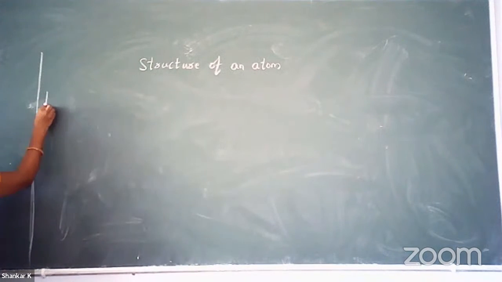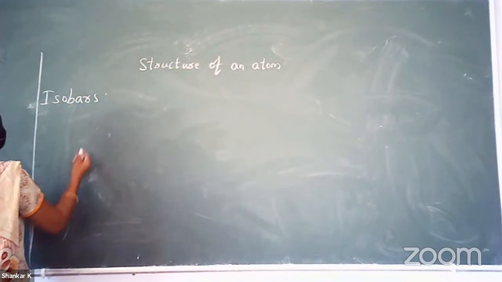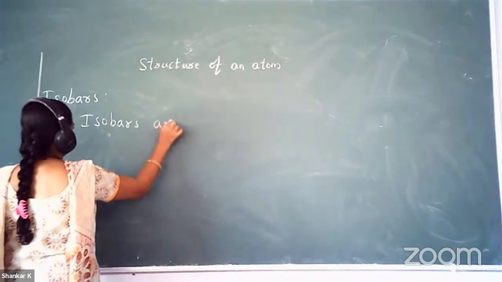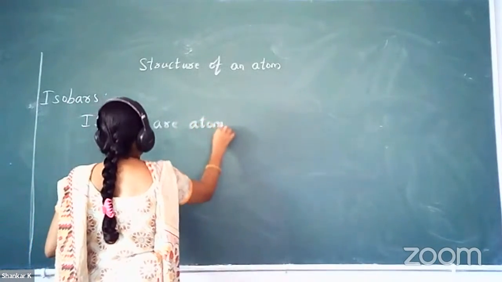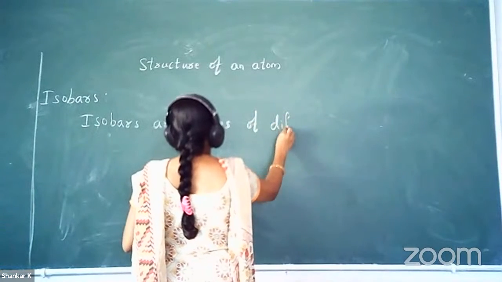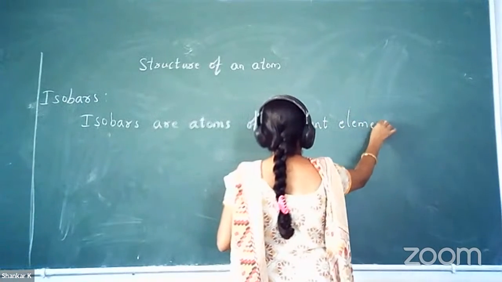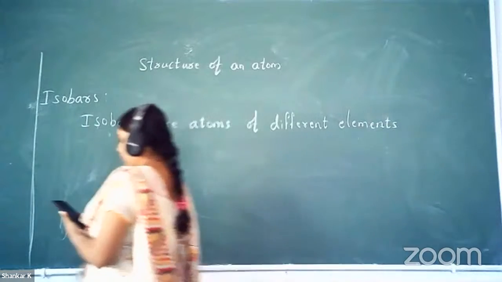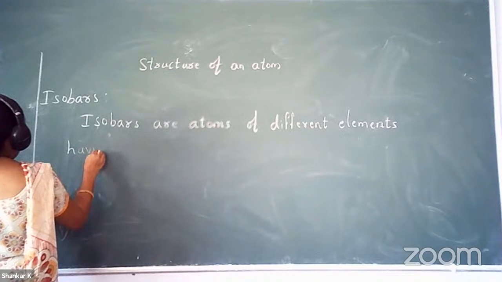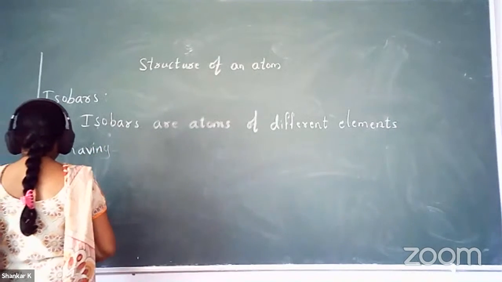Isobar. So isobars are atoms of different elements having different atomic numbers.